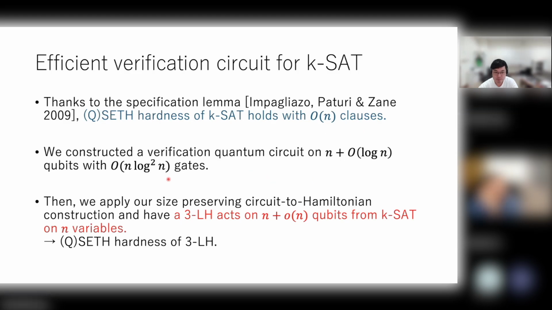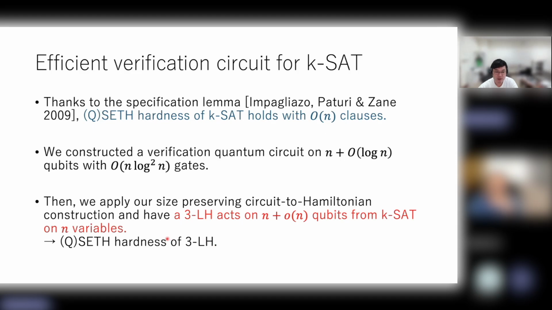And then we can construct a very efficient quantum circuit to verify such QSETH, a quantum circuit for QSETH with a linear number of clauses. Then we apply our size-preserving Circuit-to-Hamiltonian construction to this verification circuit.